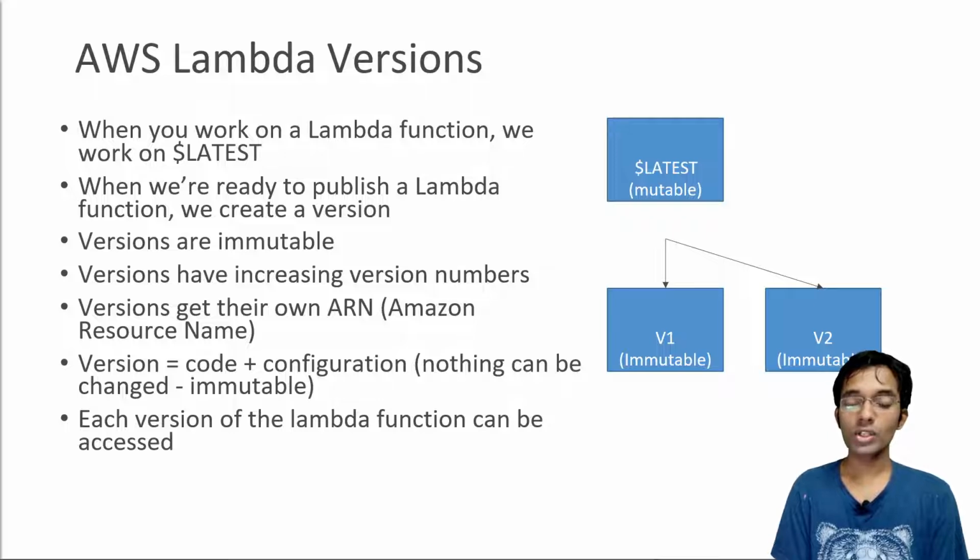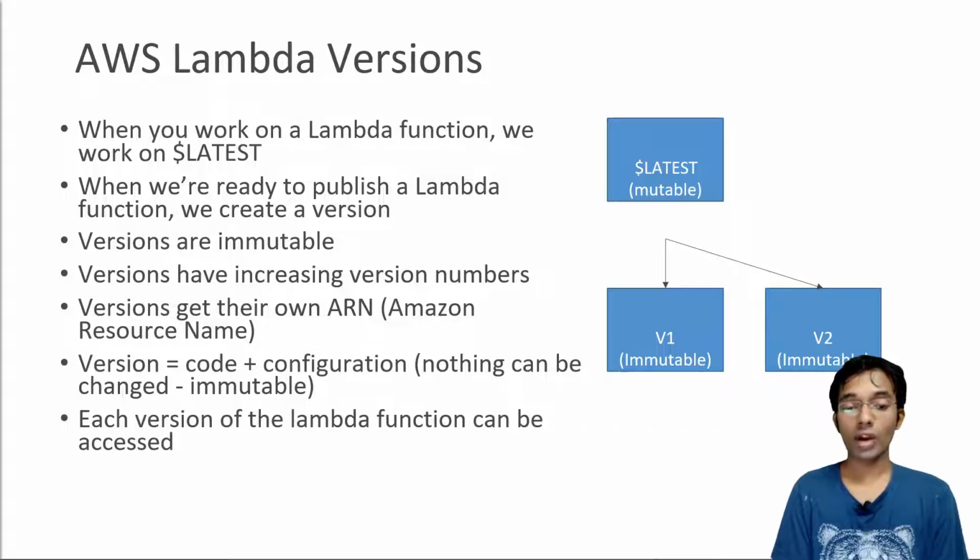The versions will have increasing numbers, so after v1 you will have v2 and so on, and each version will get its own ARN, Amazon Resource Name. That means you can invoke v1 separately or you can invoke v2 separately. You can also invoke $LATEST, the latest version of the Lambda function. So what is a version?